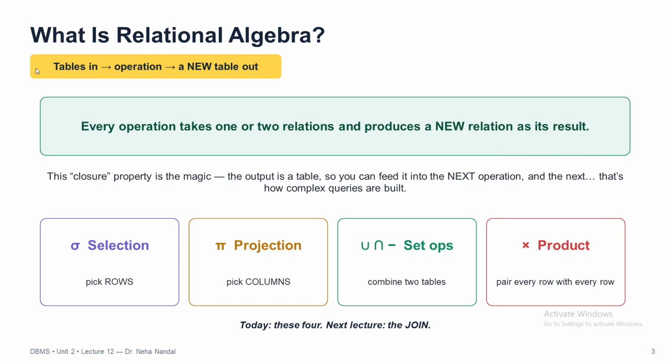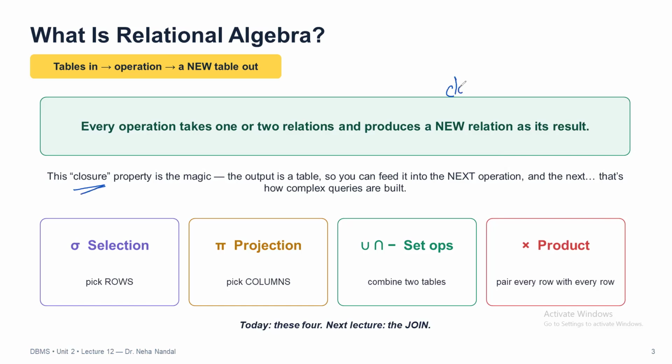Because the output is a table, you can feed it straight into the next operation, and that next one to the next. That property, where output is the same type as input, is called the closure property.